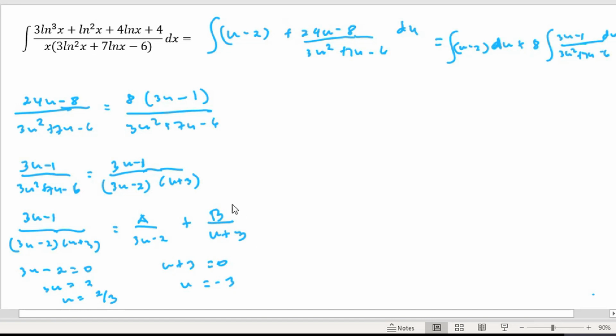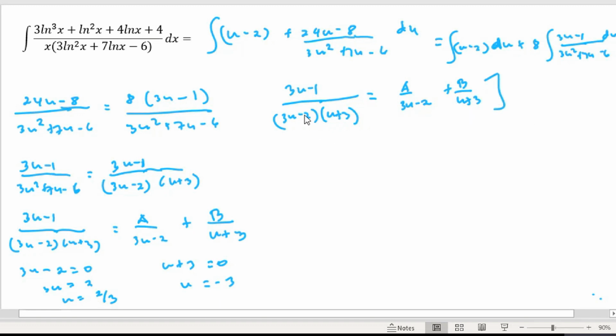Next we are going to multiply by the LCM. So multiplying the entire equation, 3u minus 1 over 3u minus 2 times u plus 3 is equal to a over 3u minus 2 plus b over u plus 3.